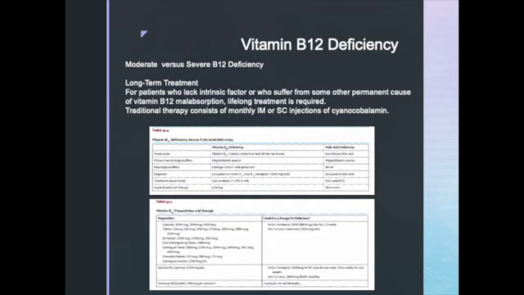We do treat our vitamin B12 deficient patients depending on if it's moderate or severe.